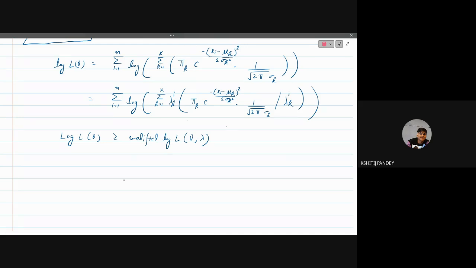And on using Jensen's, this modified log likelihood is equal to summation i from 1 to n.